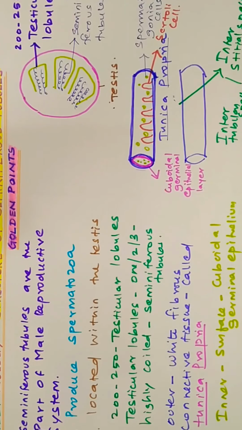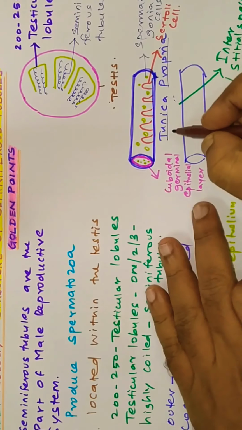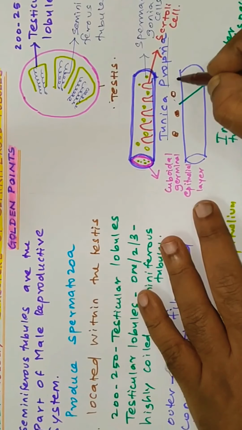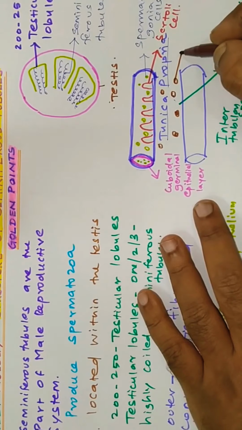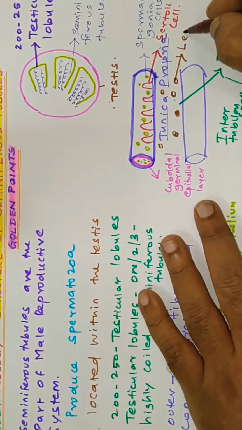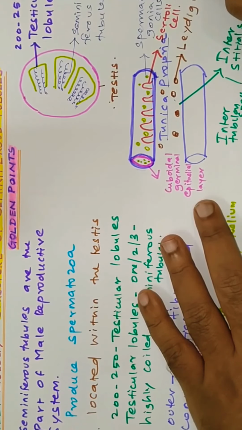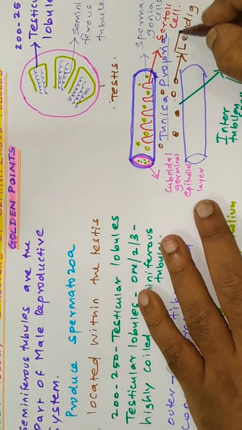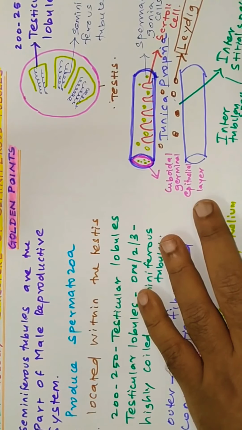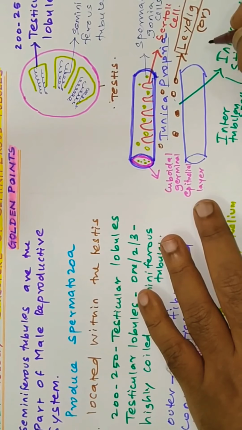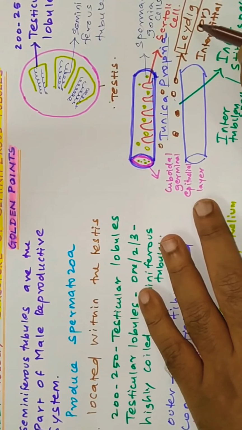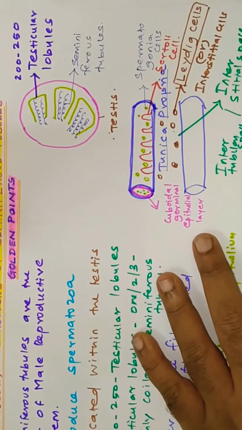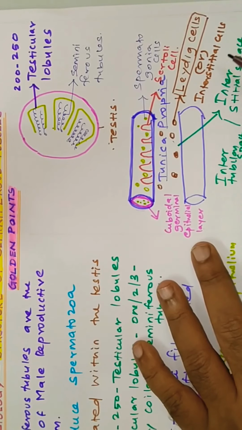Those endocrine cells, present in the intertubular space between the two seminiferous tubules, are termed Leydig cells. Because of their presence in the interstitial space, Leydig cells are otherwise called interstitial cells. Let us discuss the function of Leydig cells.